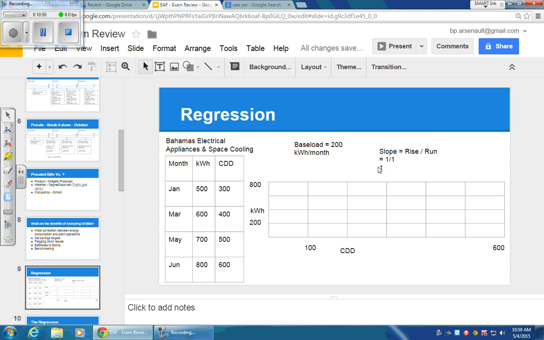So if I had said, if there were 10 cooling degree days on a certain day, how many kilowatt hours would it take? It would be equal to 10 kilowatt hours.